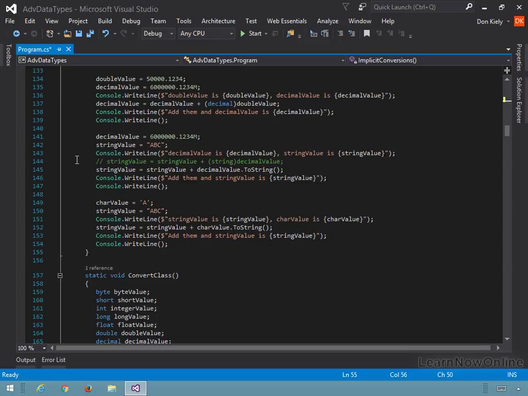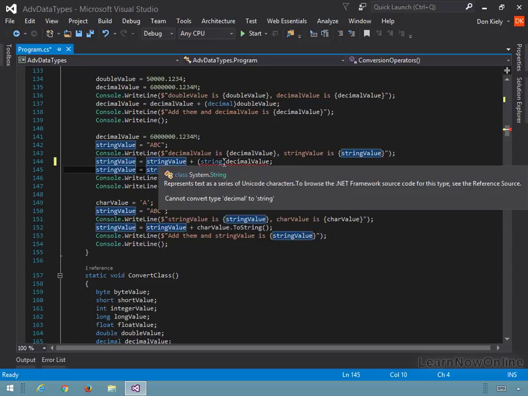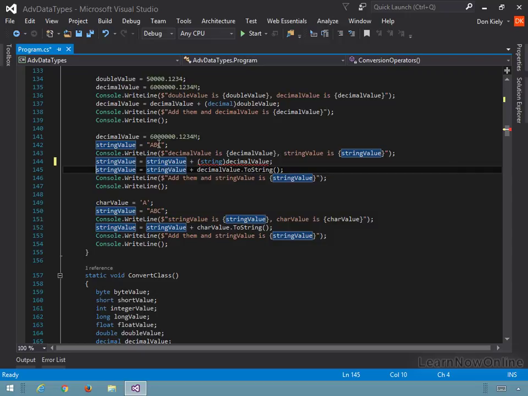If I follow the pattern of the previous examples, I might try to write this line of code right here. It looks like it should happen just fine. I'm using the string type here, parentheses, this is a cast operator, and I'm attempting to convert that decimal value to a string value so that I can concatenate it with this ABC string.